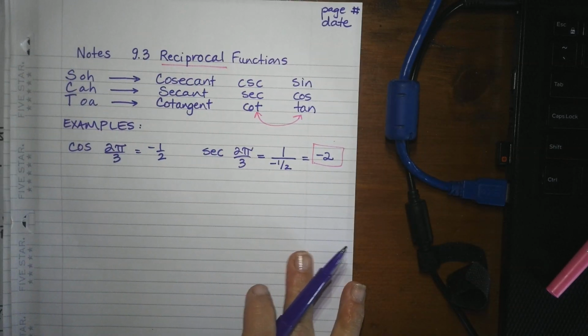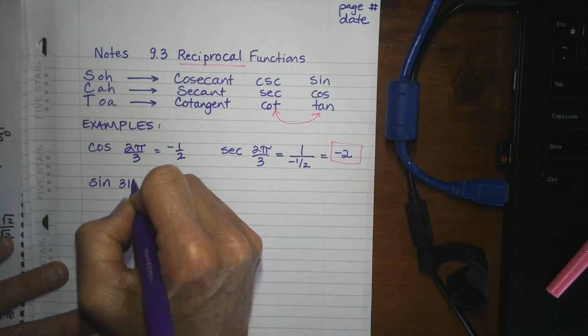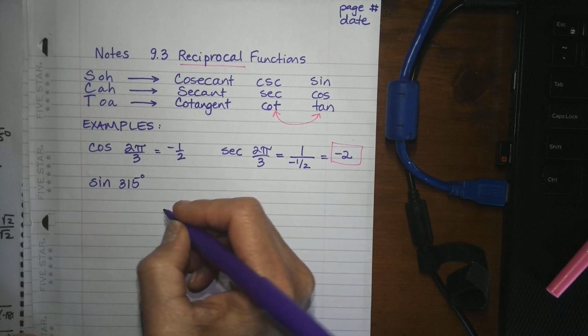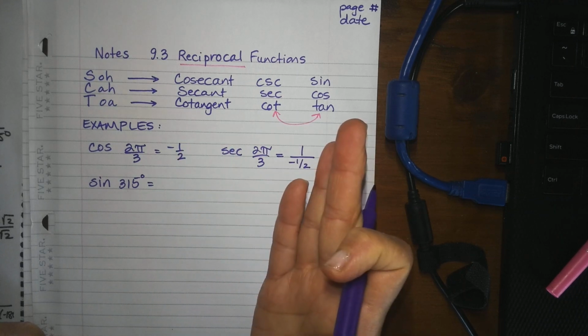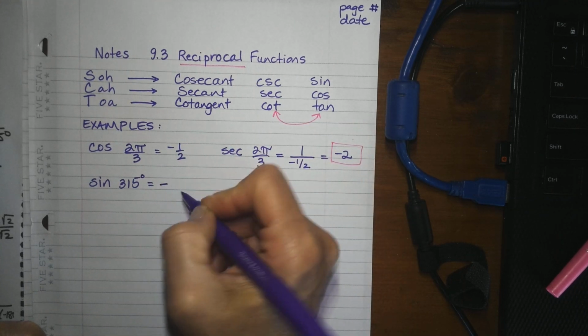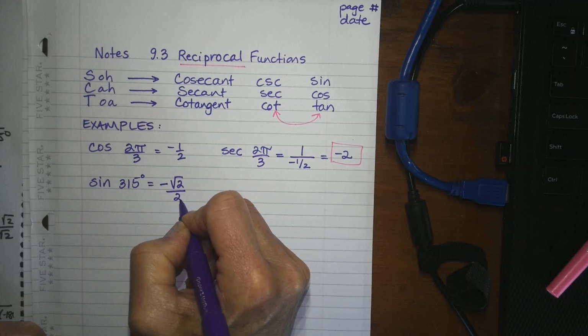So another example might be this. Let's say we want to find the sine of 315 degrees. We do our unit circle. We find that it's negative 1 over root 2, and when we rationalize it, it's negative root 2 over 2.